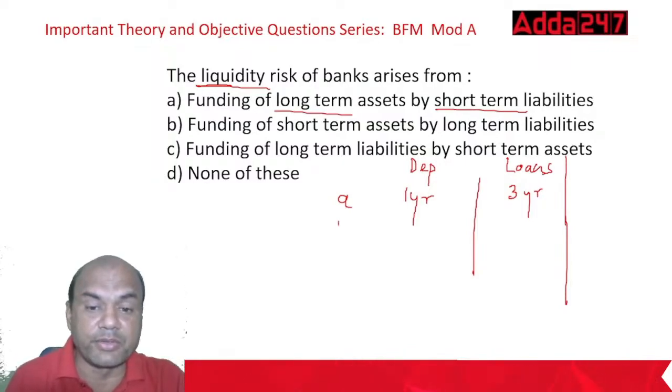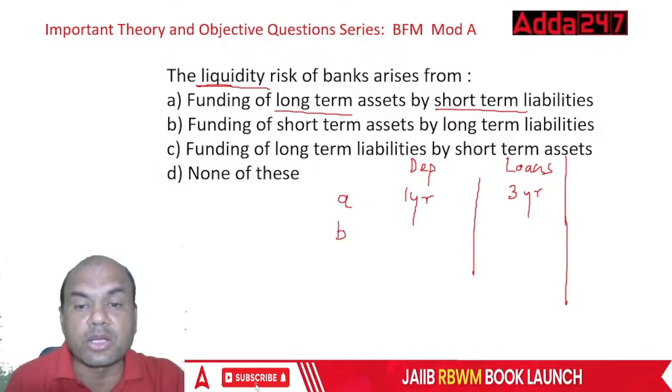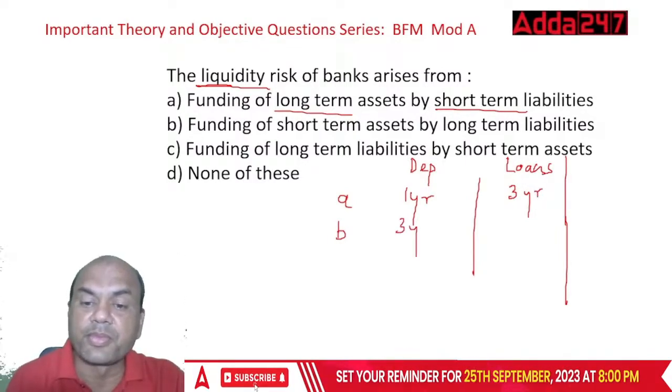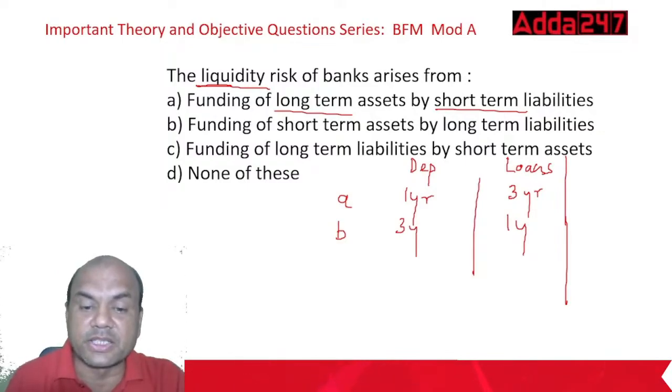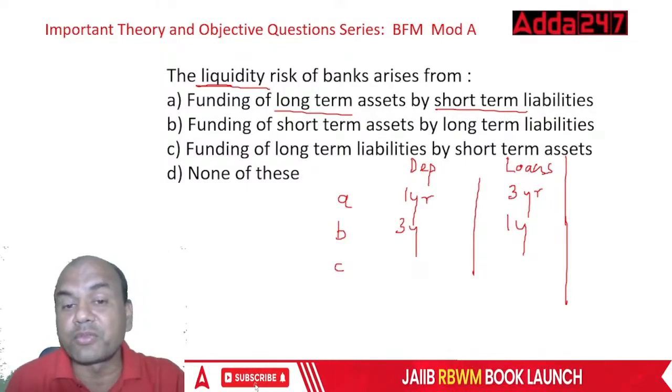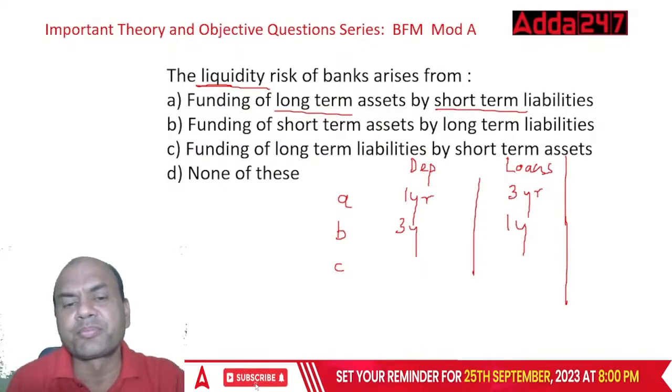Let's see later. B. Funding of short-term assets by long-term liabilities. So deposit of 3 years and loan of 1 year. Will it create a problem for me? C. Funding of long-term liabilities by short-term assets. This is ab initio wrong, from the start only wrong. Why?